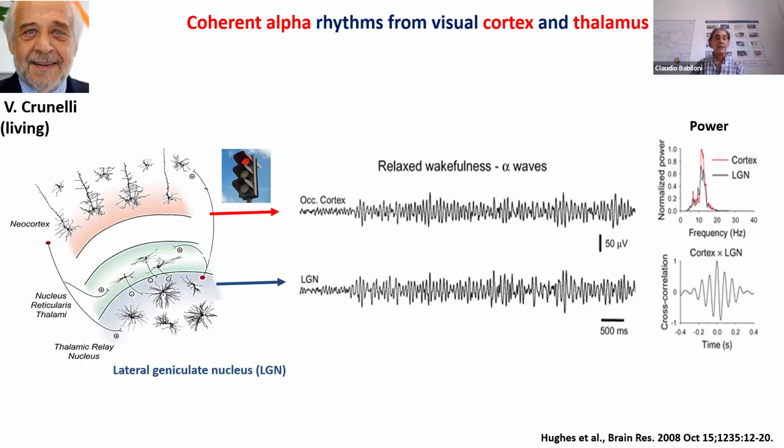And he gave very important contributions to understand the generators of EEG activity during wakefulness and sleep by means of recordings of action potentials and postsynaptic potentials at the level of single neurons in the cerebral cortex and in the thalamus.